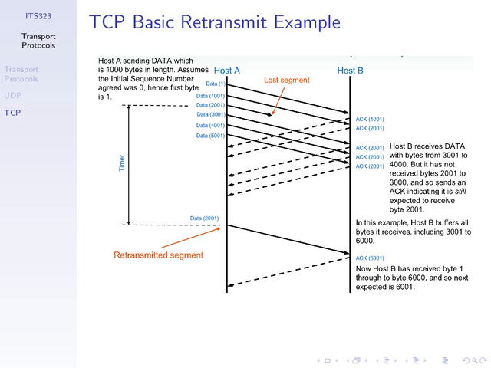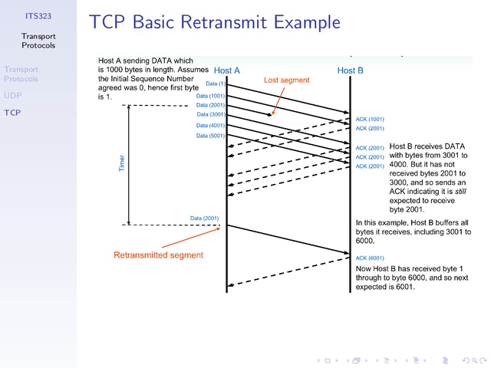And the last segment that was transmitted from 5001 up to 6000 is received. These three are buffered by B, but it's still expecting to receive 2001. So it sent these three ACKs, all with acknowledgement number 2001. After that, B's waiting to receive more data, especially 2001.